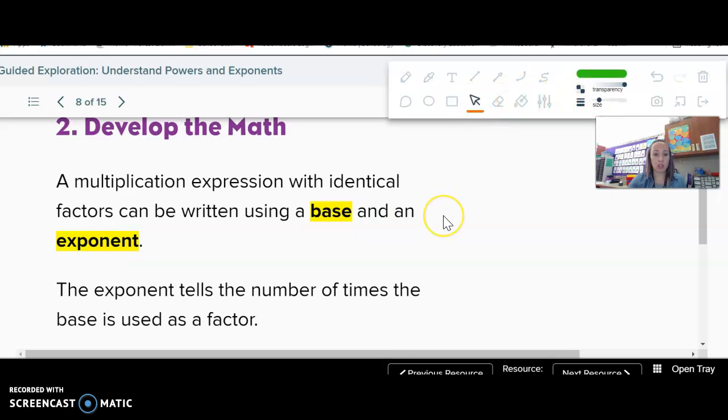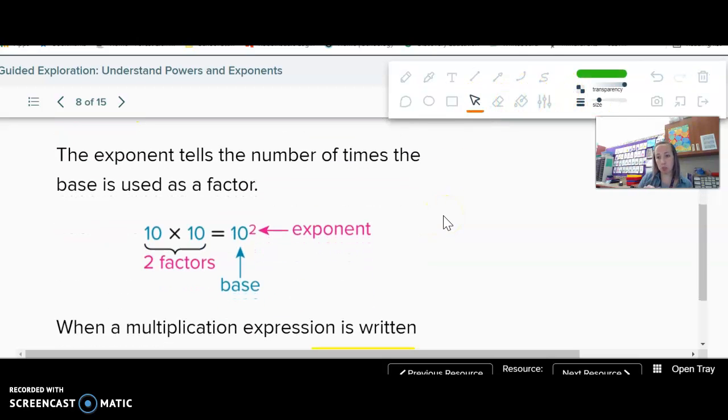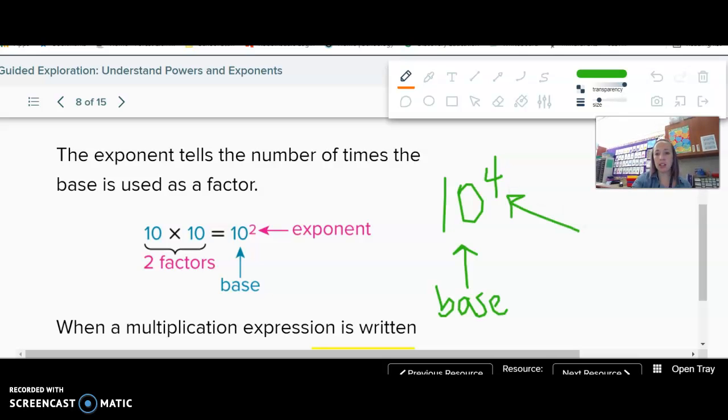So if we skip down on your paper a little bit, you have 10 to the 4th. 10 would be the base, and 4 would be the exponent. On yours, you can draw an arrow and say, this is the base. We call that the base. It's the bottom number. And then that top one is called the exponent.